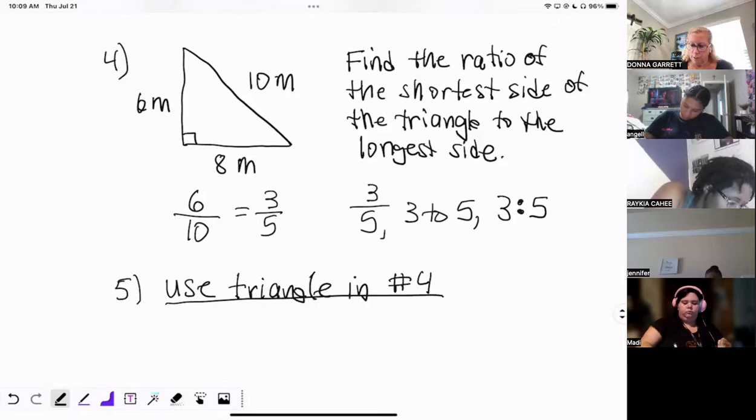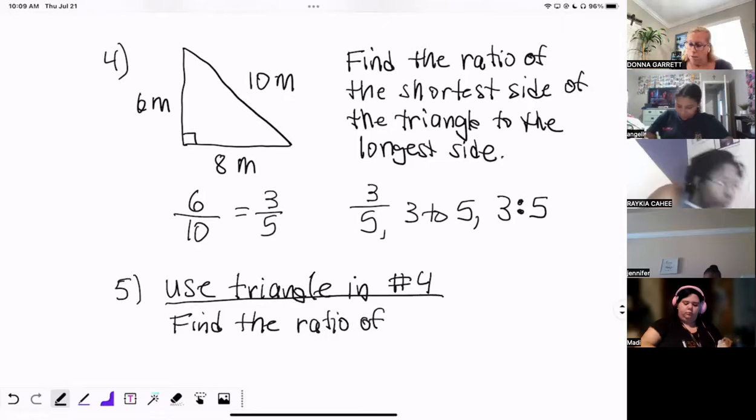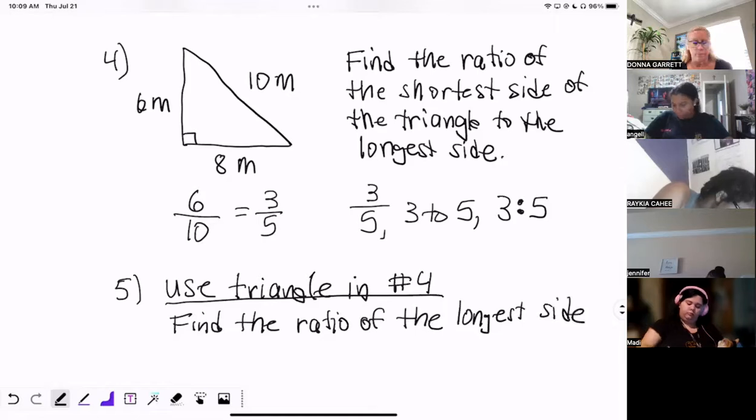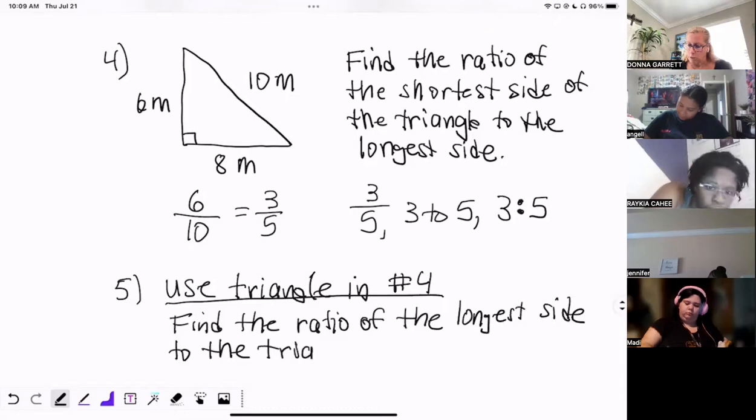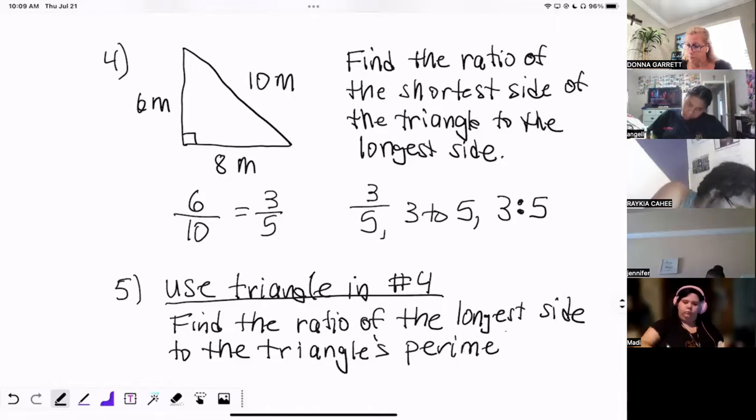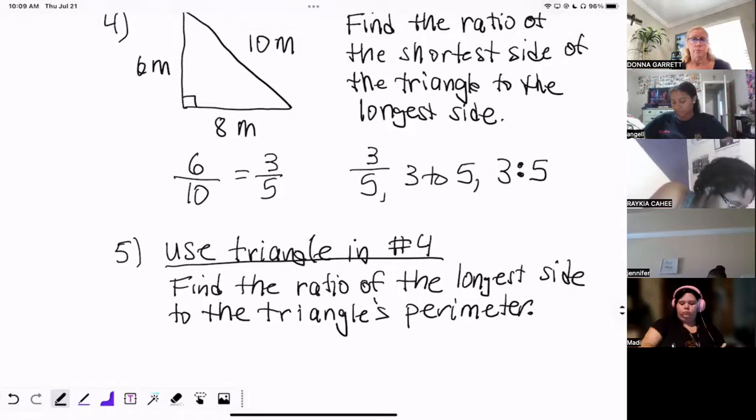This time we're going to find a ratio of the longest side to the triangle's perimeter. So this time we're going to find the ratio of the longest side to the perimeter of the triangle.